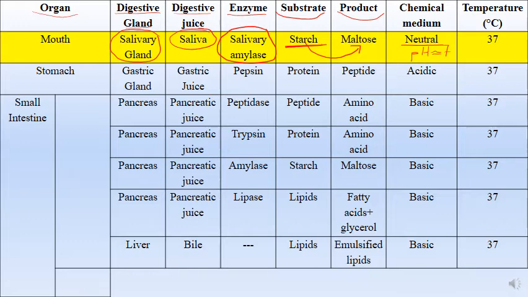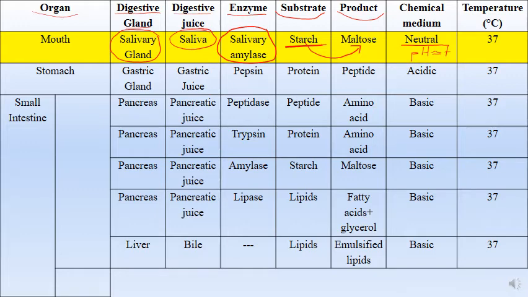So I repeat, the mouth contains a gland, the salivary gland. It secretes a juice called saliva. This juice contains an enzyme called salivary amylase, salivary since it's found inside the saliva. It works on which substrate?